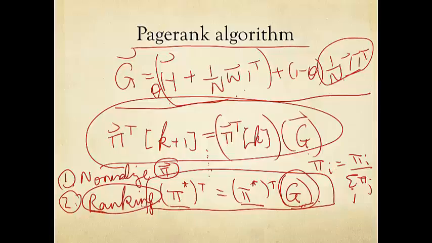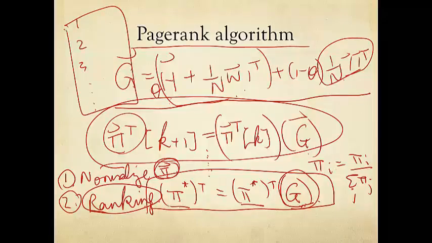And ranking says, then you can look at either the normalized or the not normalized version of pi, and whichever node has the highest pi is ranked the highest, then the second, then the third, and keep on going. And the top 10 will be going on to the first page of the search results. And you can see that if ranking is what you care about, actually you don't exactly see the relative scale.